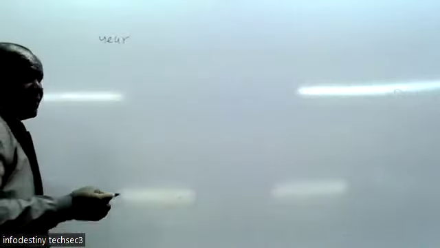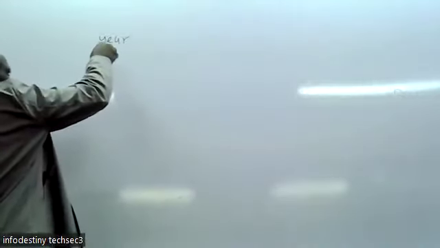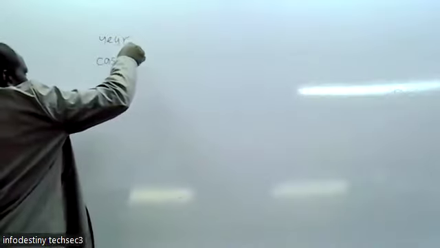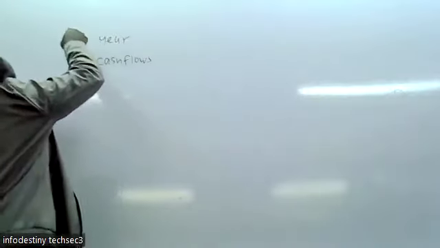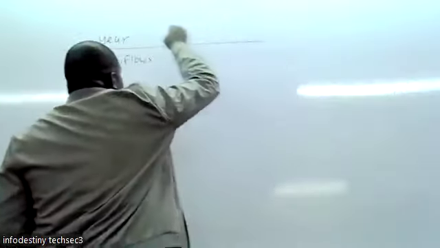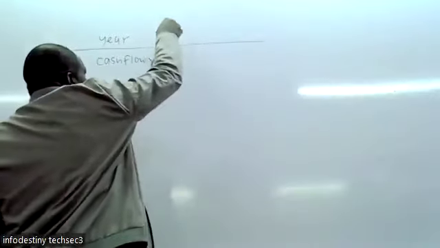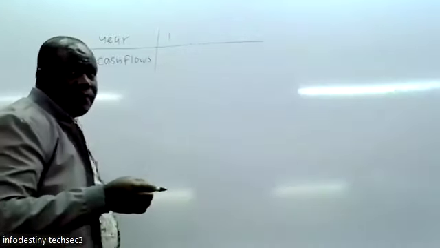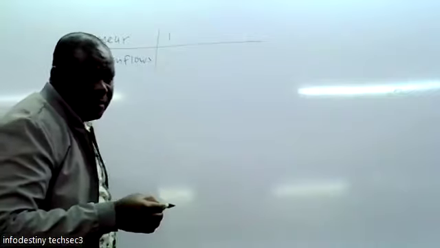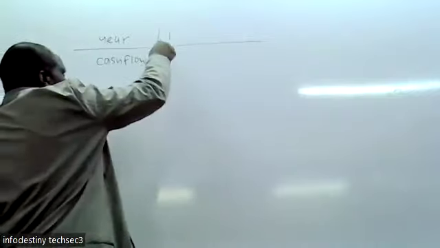So we can have the year and also the cash flows. Year one, cash flows are 60,000.